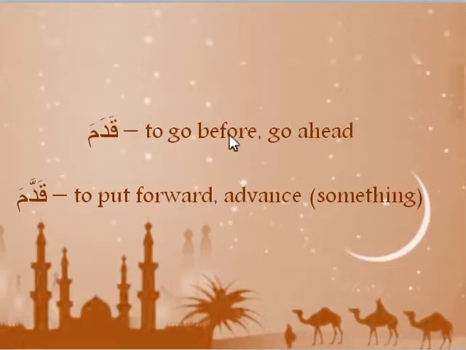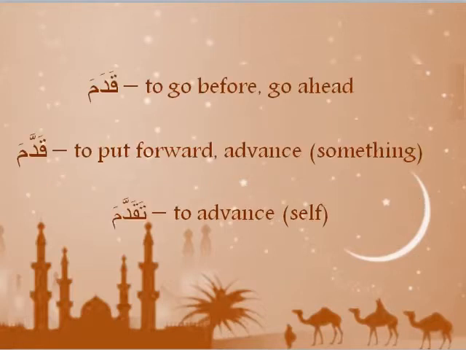If this is to be forward, to go forward, to be ahead, then what is this one? It means to put something else forward or to advance something, like to advance an idea, a proposal, a suggestion. No problem. Now I'm going to ask you, what would the measure 5 be? How will we form it? Exactly. And what will it mean?